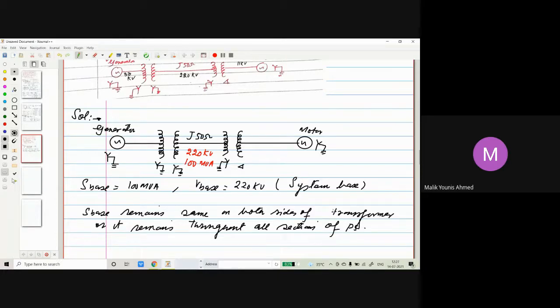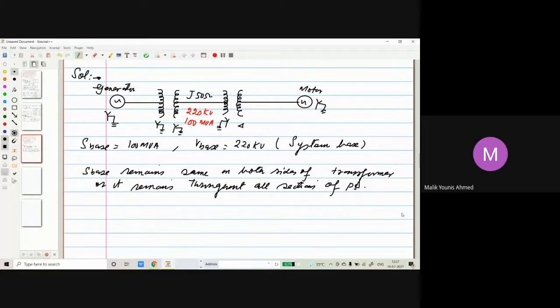And the voltage base changes according to the transformation ratio. I am just writing it again for your information.